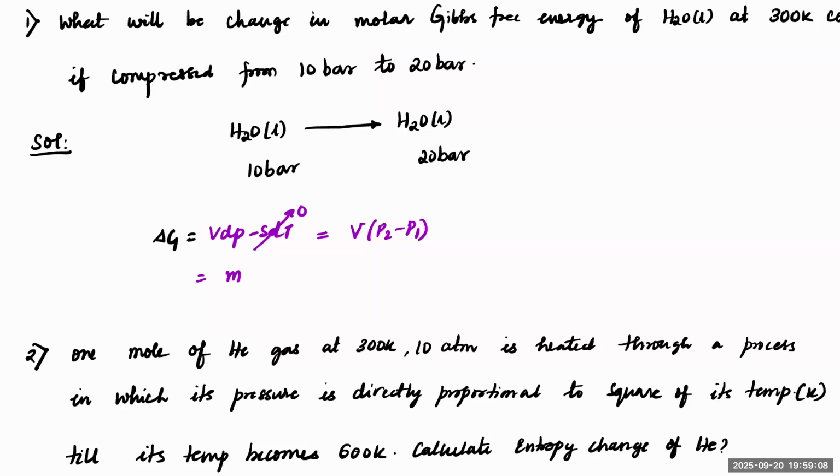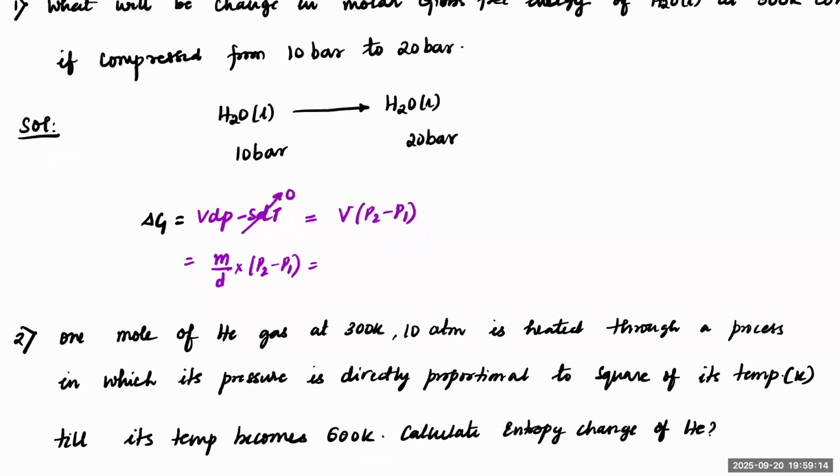So M by D into P2 minus P1. You know that for water, the density is almost 1 and the mass is 18 grams. So 18 by 1 into pressure. Pressure is 20 minus 10. But I need to express that in kgs, so into 10 raised to power of minus 3.